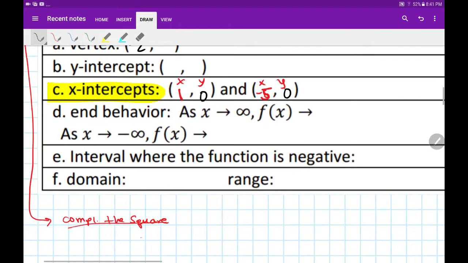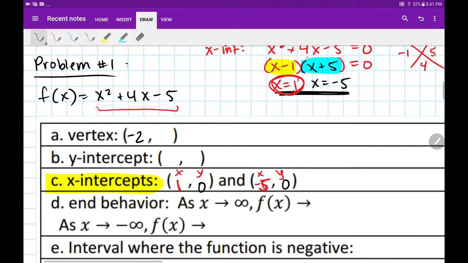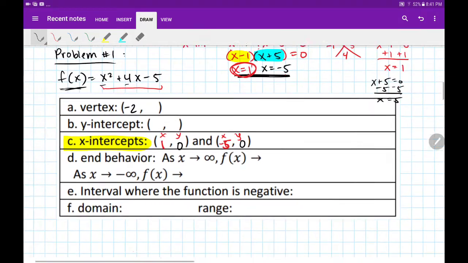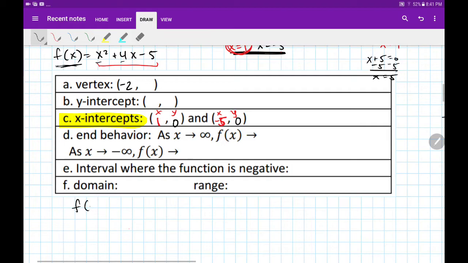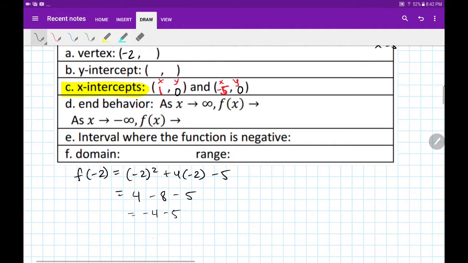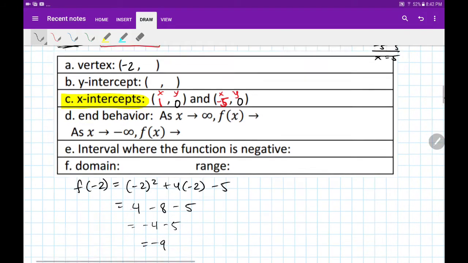To find the y-coordinate, all I need to do is plug in negative 2 for x and see what I get as my y value. So let's do that down here. f of negative 2 equals negative 2 squared plus 4 times negative 2 minus 5. So that's 4 minus 8 minus 5, which is negative 4 minus 5, which is negative 9.